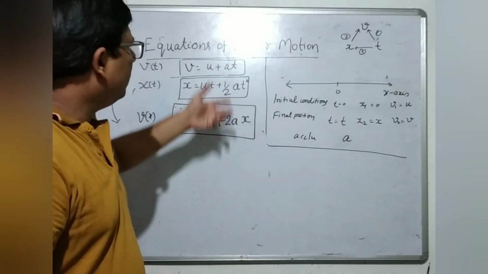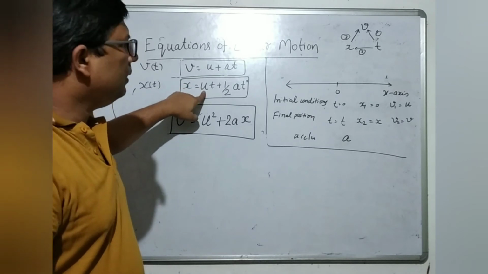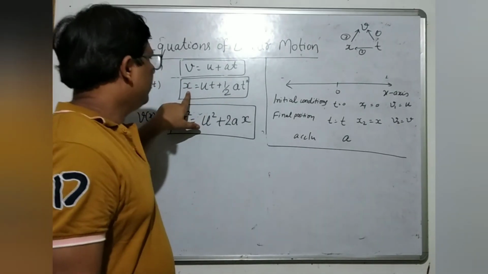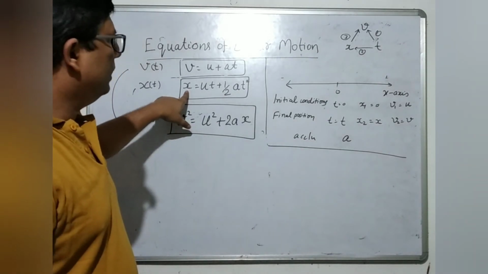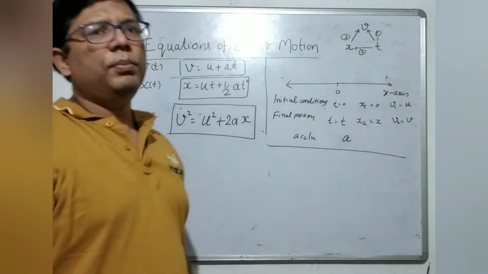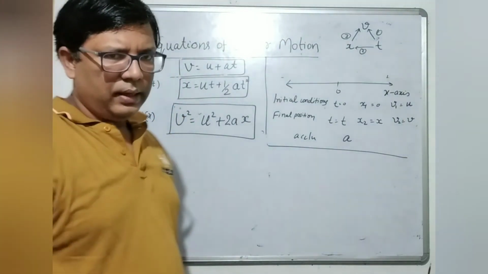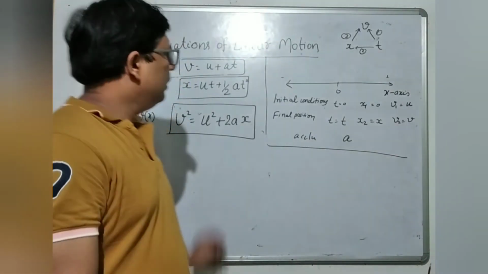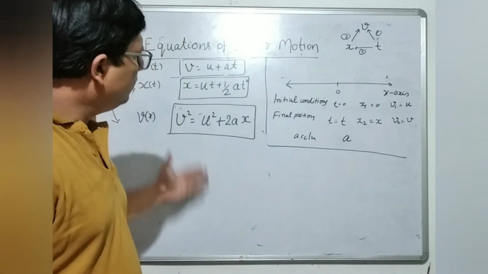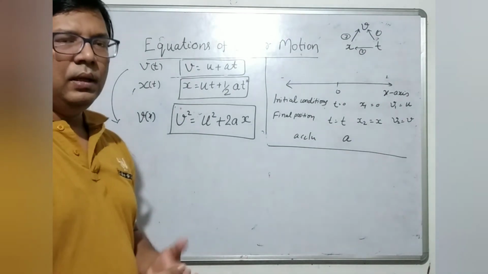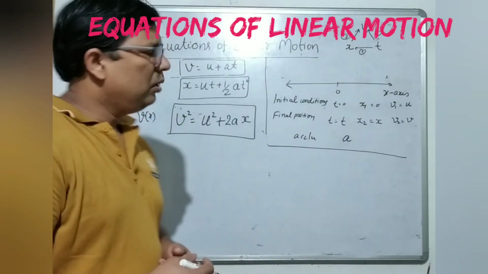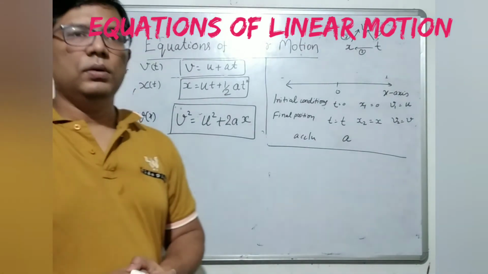So a is a general thing. For u, we have to see what the initial condition is. x is the final position, but the initial position is 0. In some problems, if the initial position is also some x1, then this equation will vary a little. So we have come to know how these equations have been derived, and based on that, if the initial position changes, we can modify our equations accordingly.